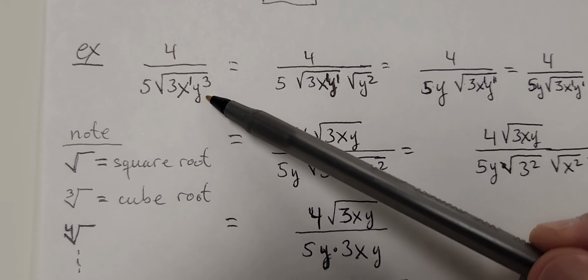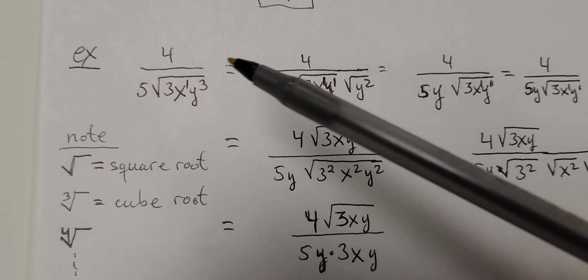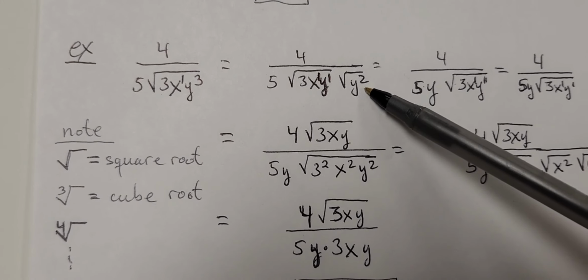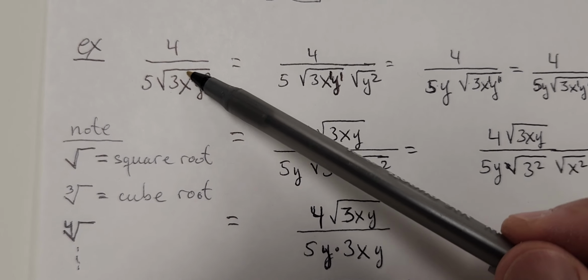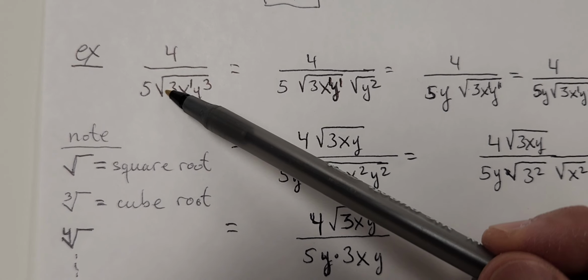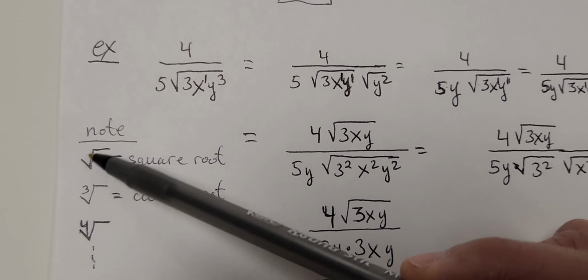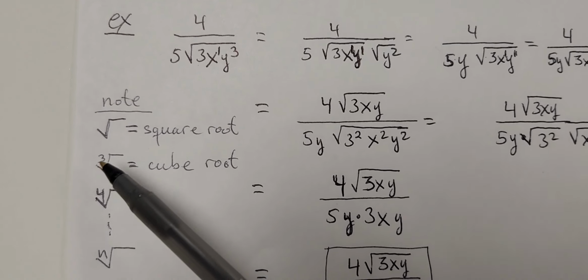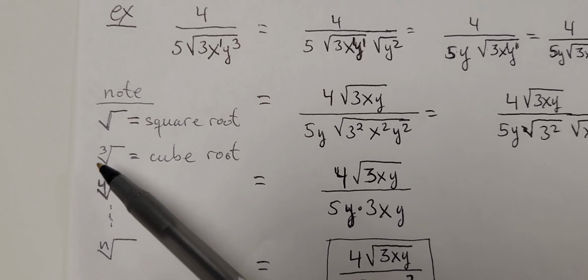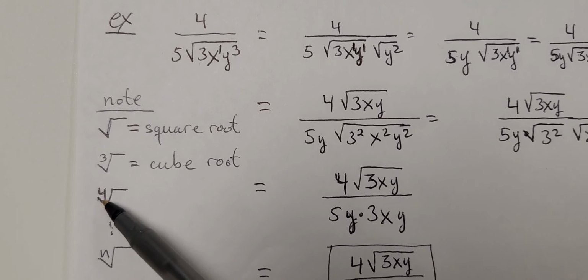And why am I separating this y to the third into 2 different y's? Because this square root wants a group of 2. Again, the square root means group of 2, 3 means a group of 3, 4 means a group of 4.